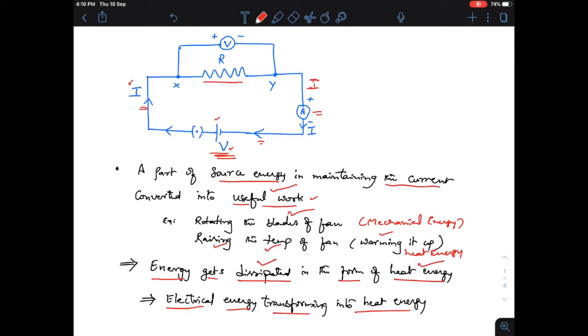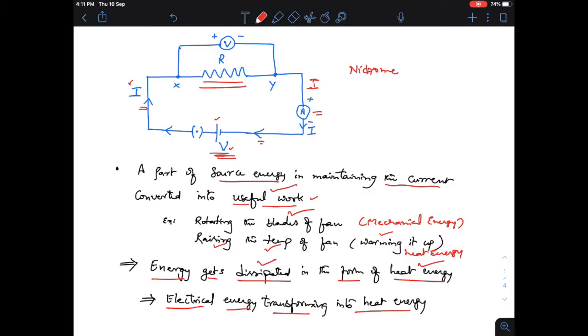For example, when an electric current is passed through a high resistance wire, let us consider a nichrome wire used as the resistance, then it becomes very red hot and produces heat. This is called the heating effect of current.